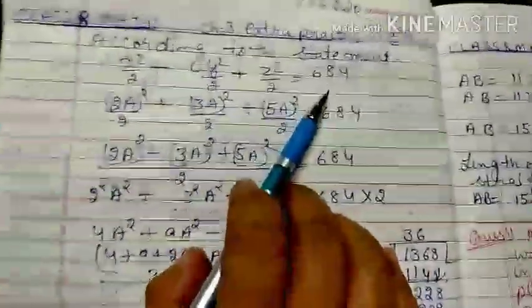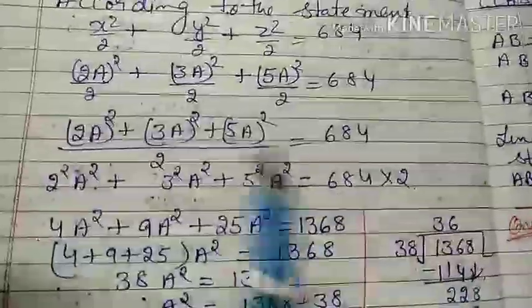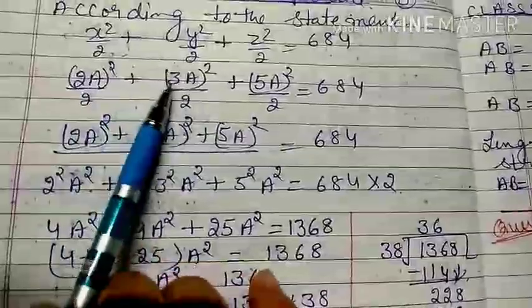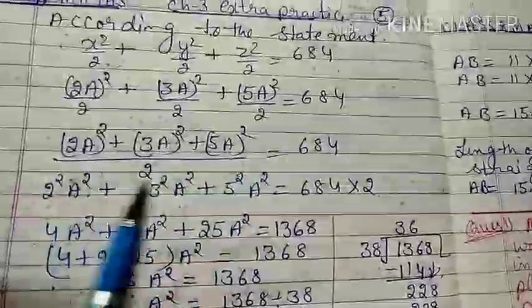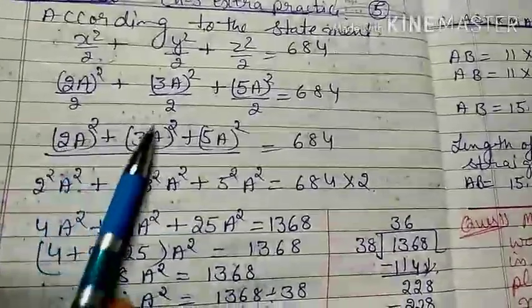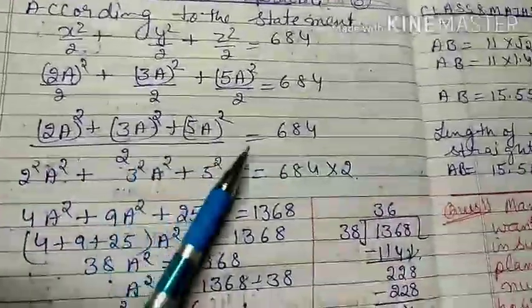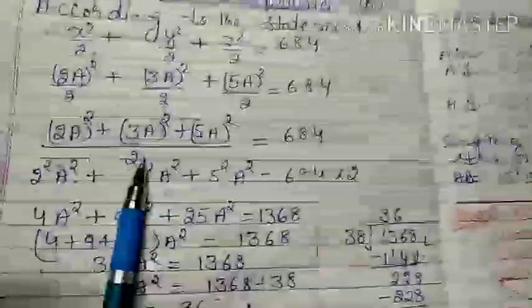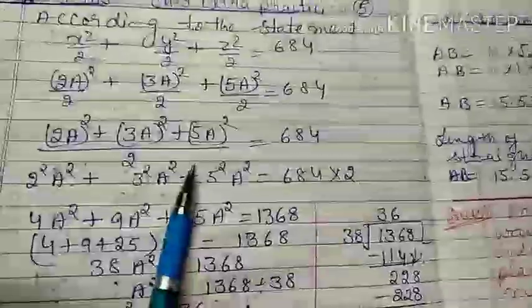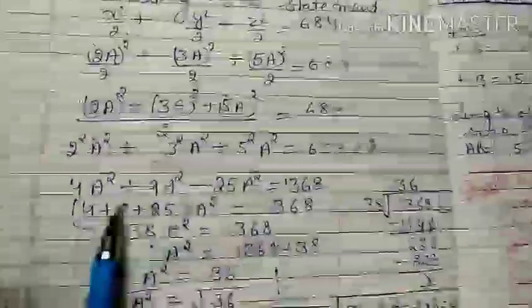According to the statement, x square by 2 plus y square by 2 plus z square by 2 is equal to 684. Now here x we consider as 2a, y as 3a and z as 5a. We take the common denominator: 2a whole square plus 3a whole square plus 5a whole square is equal to 684, and when this 2 which is dividing on one side moves to the other side, it will be multiplied by the term.